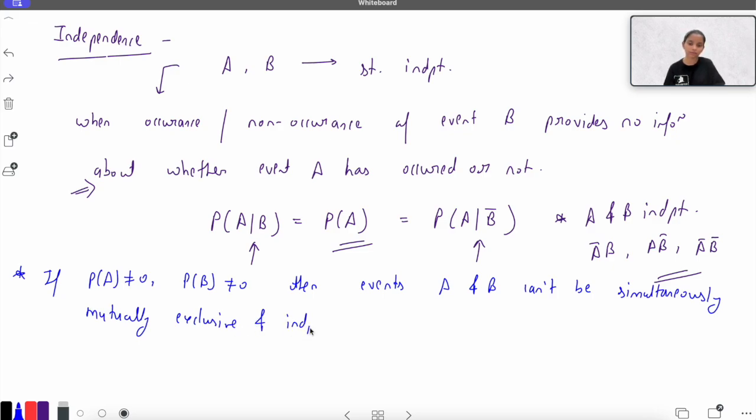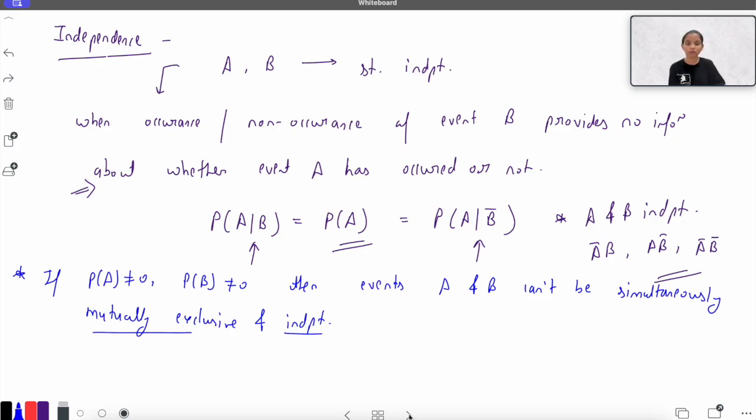There are two properties, and they can't hold simultaneously. If the events are mutually exclusive, then they cannot be independent, and if they are independent, then they cannot be mutually exclusive. Let's see how.